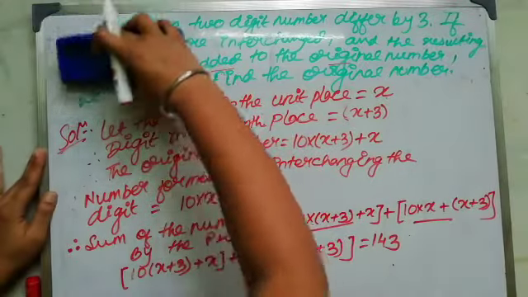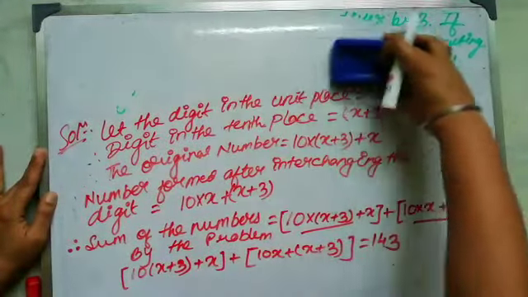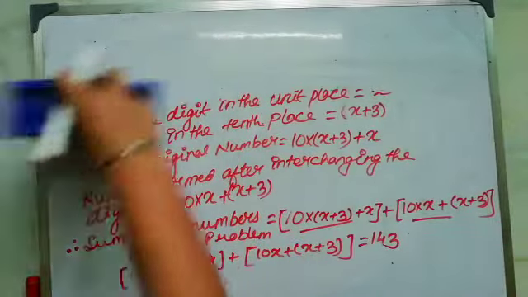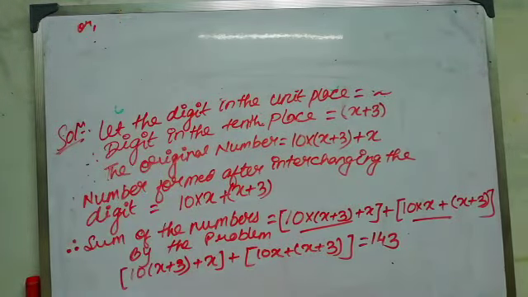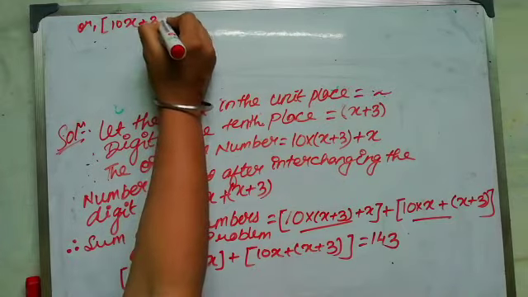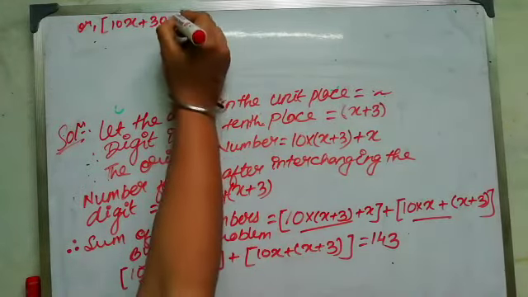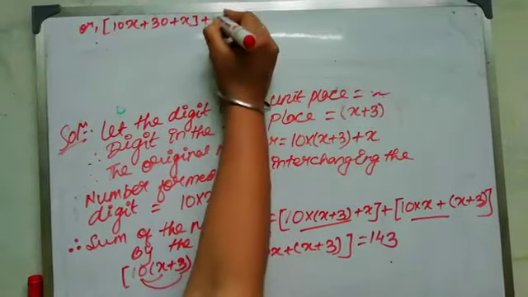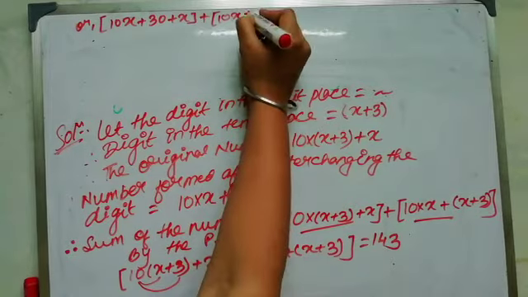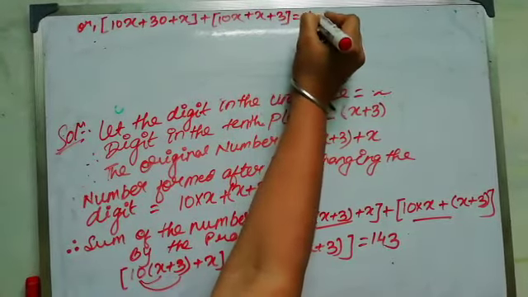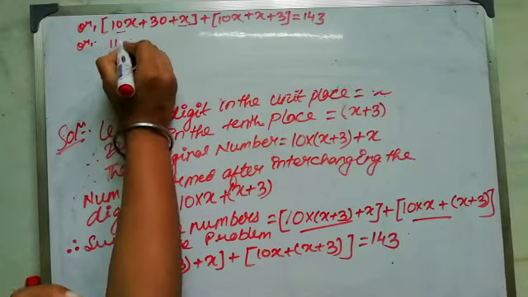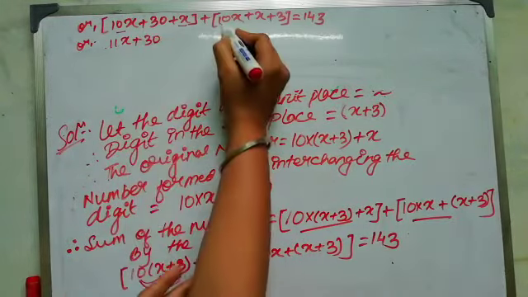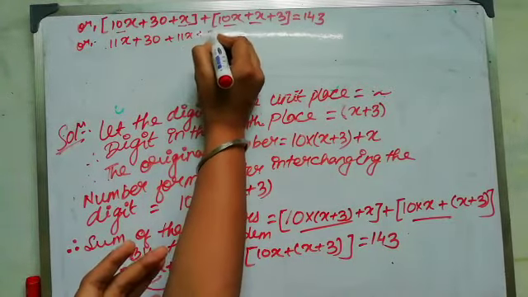If I open the bracket, what will I get? 10x plus 30 plus x, here it is already 10x plus x plus 3, is giving me 143. Combining like terms, 22x plus 33 is 143.